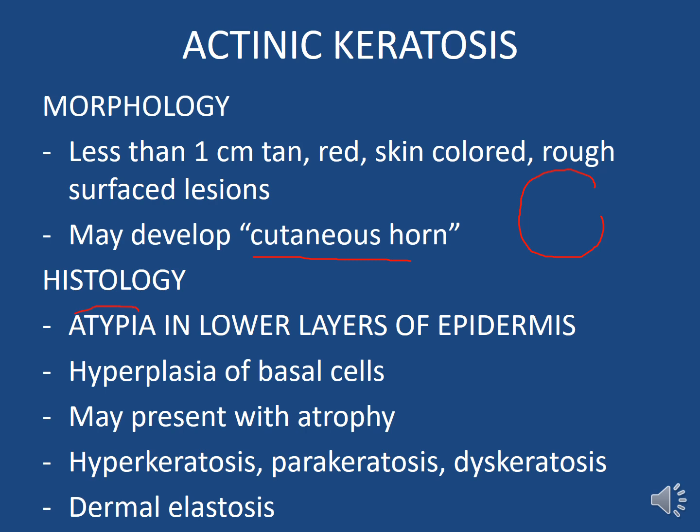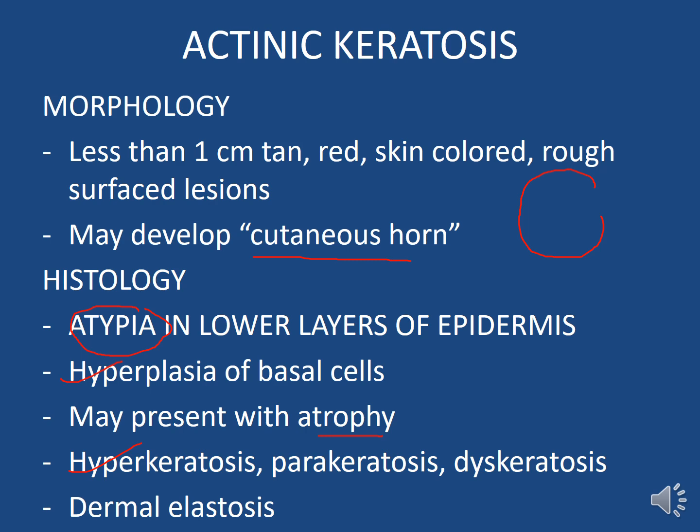There will be dysplasia or atypia developing in the lower layers of the epidermis, particularly in the stratum basale. Then there will be hyperplasia of that layer, and some patients may present with atrophic epidermis, but more common findings will include hyperkeratosis, parakeratosis, and dyskeratosis.